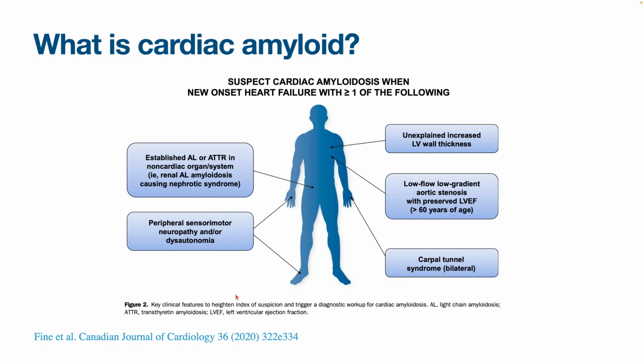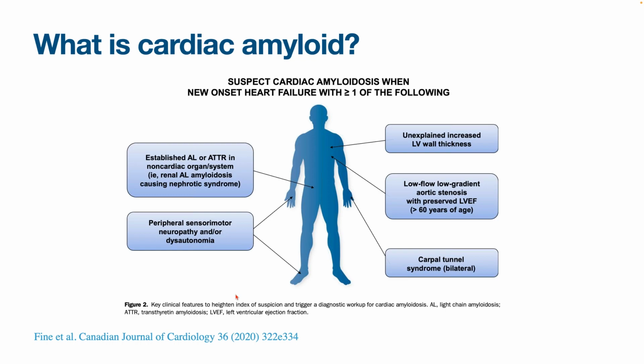Clinically, we suspect cardiac amyloid when there's a new onset of heart failure with one or more of the following findings. Unexplained increase in LV wall thickness, for example, someone doesn't really have hypertension and the wall thickness is 12 or above, then it starts making you think. Low flow, low gradient aortic stenosis with preserved LV ejection fraction, especially in the older age group, more than 60.